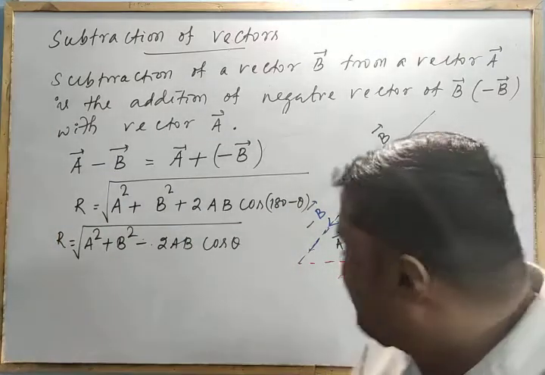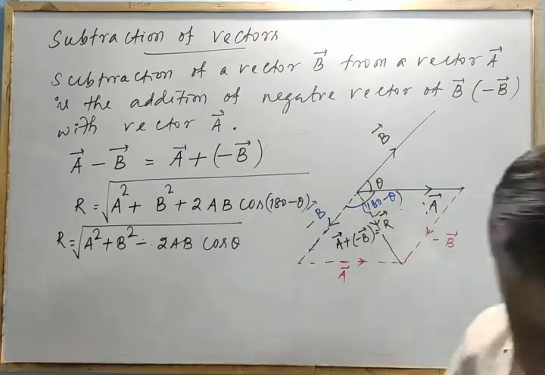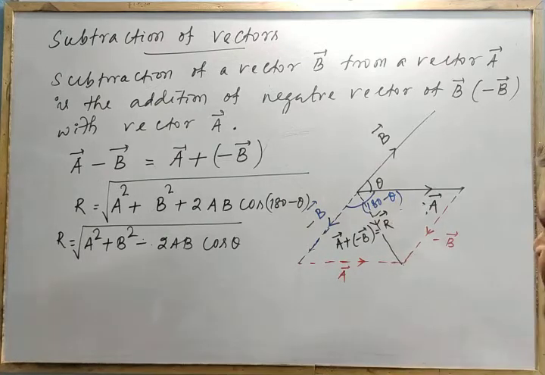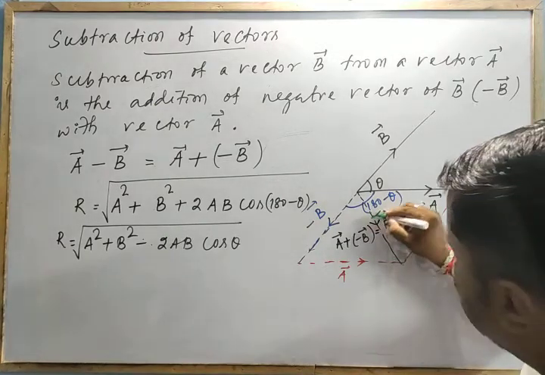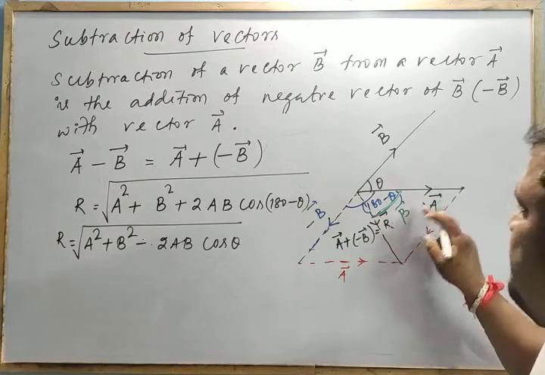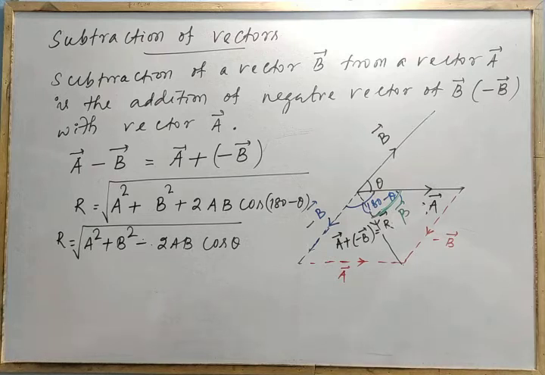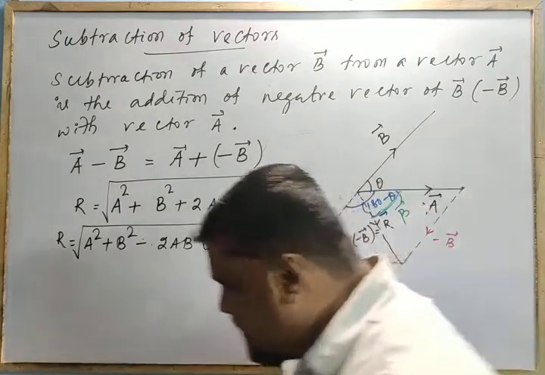Similarly, this resultant makes an angle beta with A. Then what is beta?